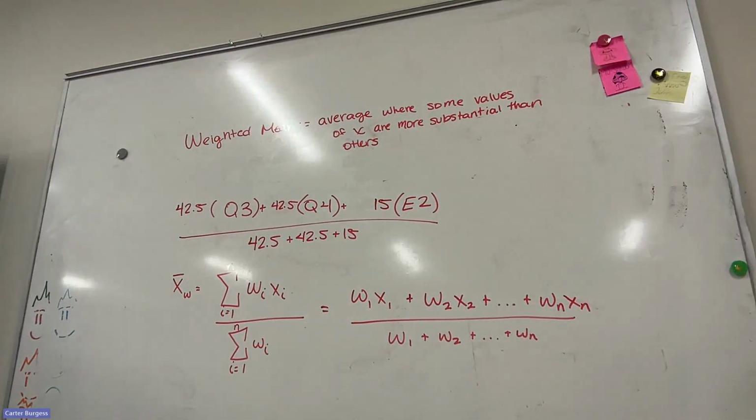Let's just consider these first two values, 124 and 71. If we were to compute the average between those two values, you would add them together, divide by 2, done. Nice and easy. Well, let's say for whatever reason, I want that 124 to be twice as important as that 71.